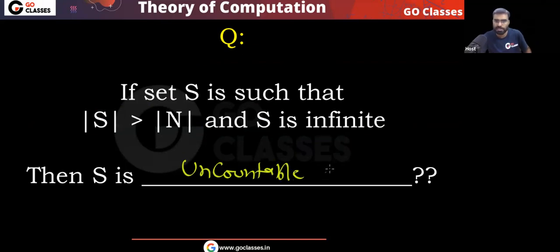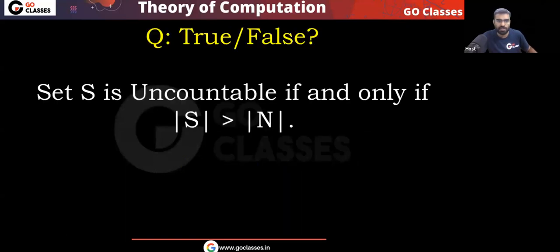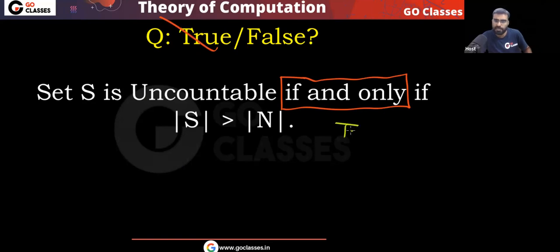Can you notice this is the definition of uncountable? A set is uncountable if and only if its cardinality is greater than the cardinality of N. Yes, this statement is true.